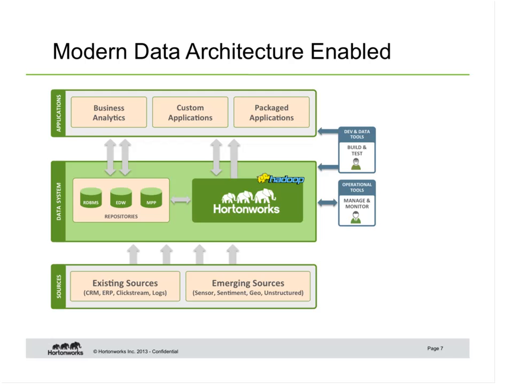And that's where Apache Hadoop and the Hortonworks Data Platform comes in. It comes in as an enablement, as an additional +1 piece to your existing data architecture that's been working very well for organizations over the past few years.